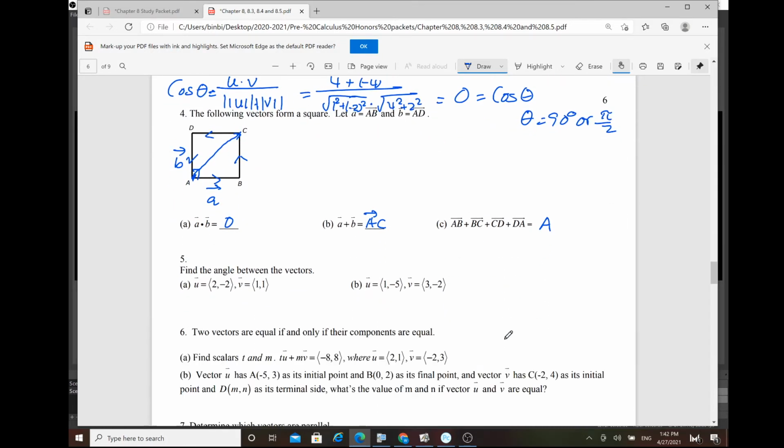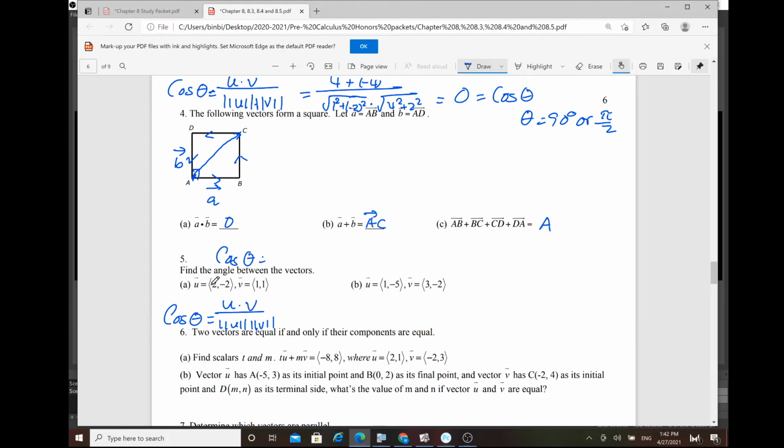So find the angle between the vectors. Again, using that formula, cosine of theta is u dot v all over magnitude of u times magnitude of v. Okay, I'll put it up here.